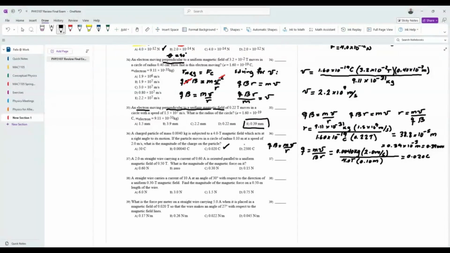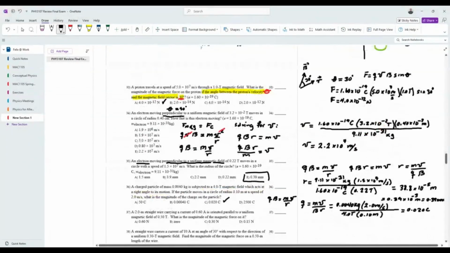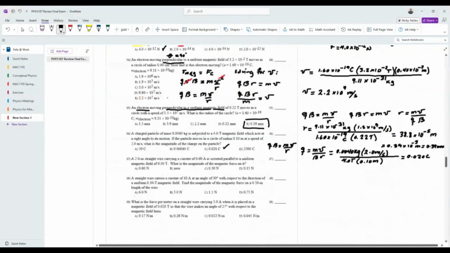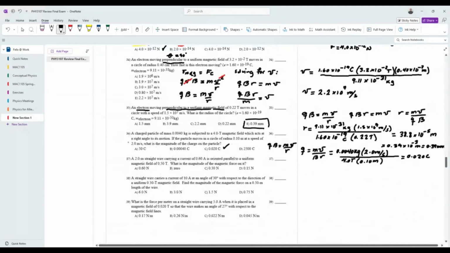Now, exercises number 32, 33, 34, and 35. All those exercises are basically about a particle that enters into a magnetic field, perpendicular or at some angle with the magnetic field, right?